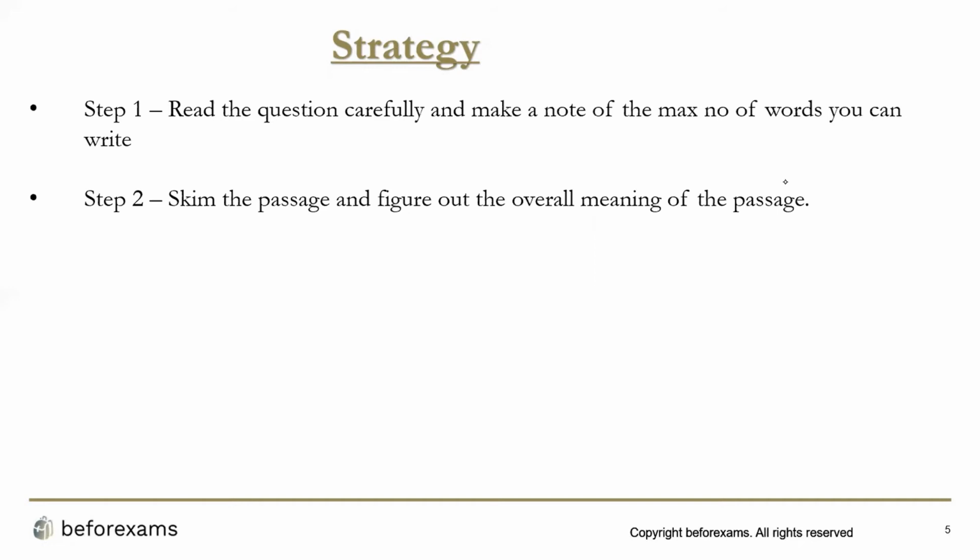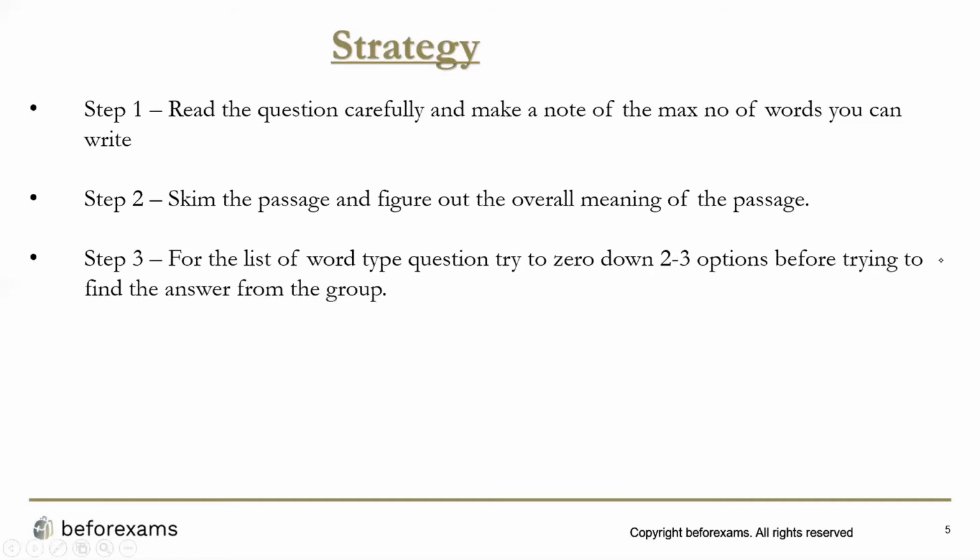Just figure out what they are talking about in general. This will really help you figure out the answers, because it will help you figure out which information is given in which paragraph of that whole passage. So you will just look at that paragraph and it will help you find the answers from there.